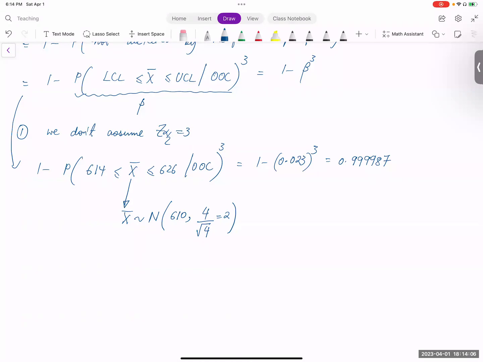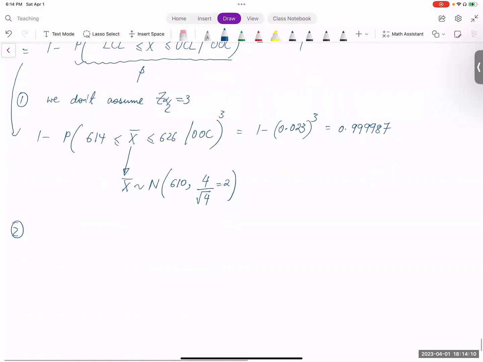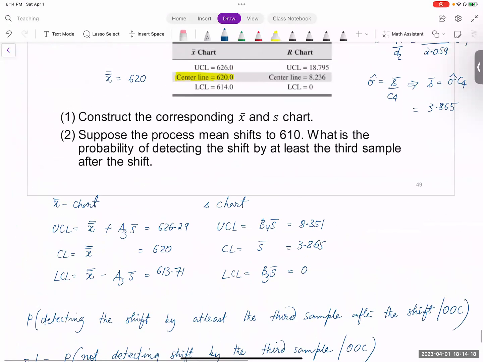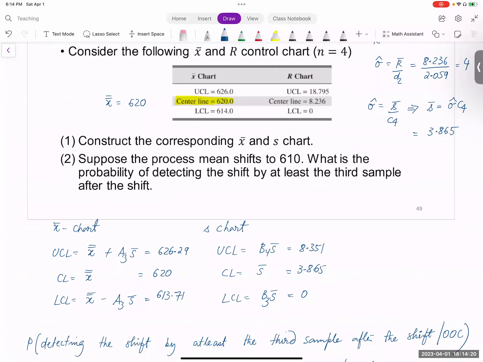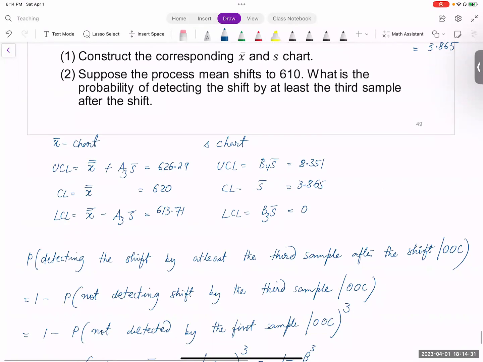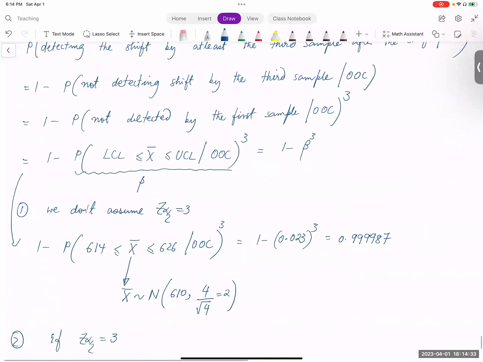Now, we did not make any assumptions about Z alpha over 2, but let's say for the time being that Z alpha over 2 is 3, which you can actually even compute by looking at UCL and LCL. Many times you might not even have to guess. You can just compute that from the data. And in this case, I actually know it's a 3 sigma control limit.